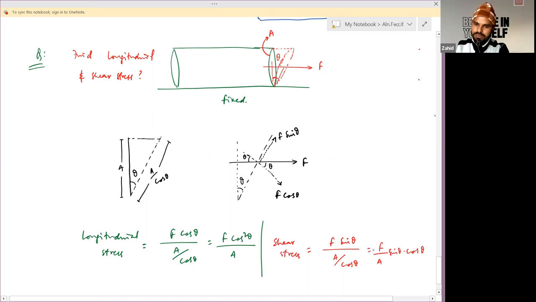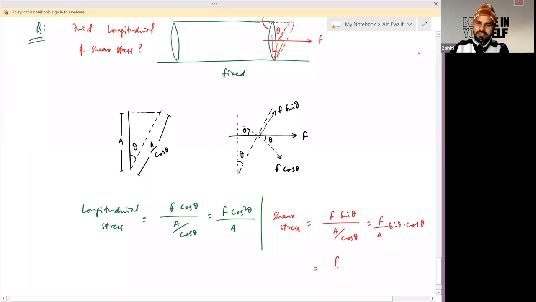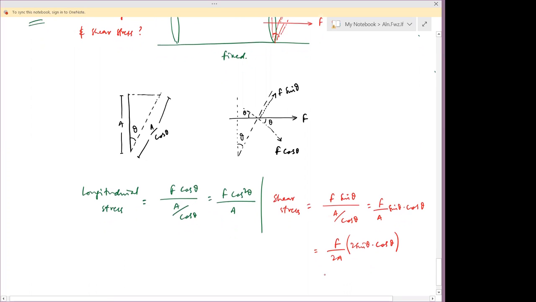Now multiply it by 2 and divide by 2. So it will become F by 2A times 2 sin theta cos theta. And you must have learned this formula: it is equal to sin of 2 theta. Is it clear? Yes.